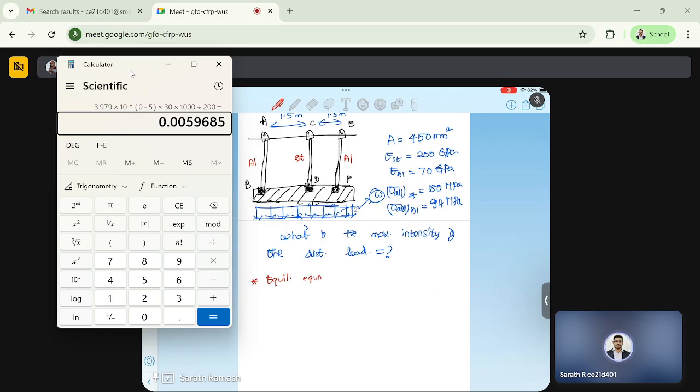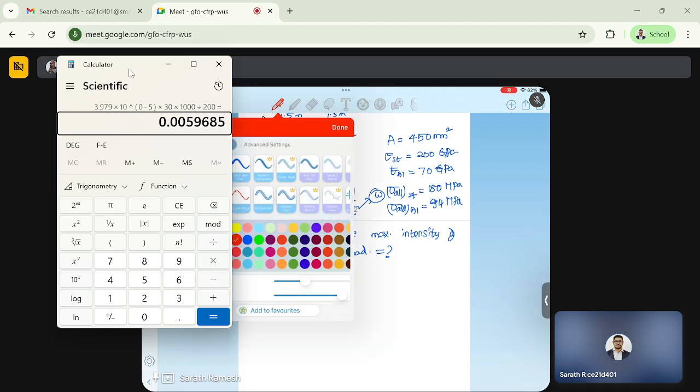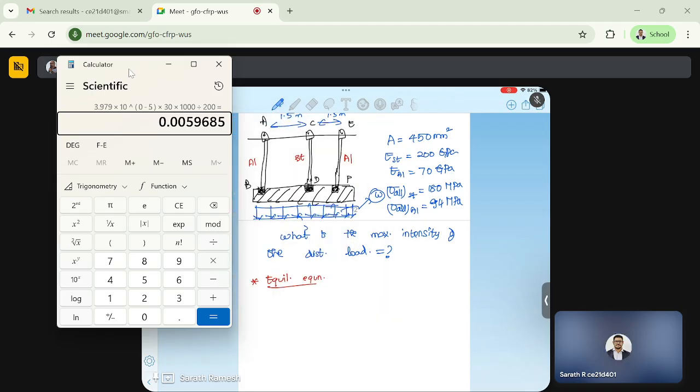What this equilibrium equation tells: the total load will be equal to W, the distributed load. This is distributed per meter, W per meter. So there are 3 meters, so I am going to use 3W as my total load. This is equal to load in aluminum plus load in steel plus load in aluminum.